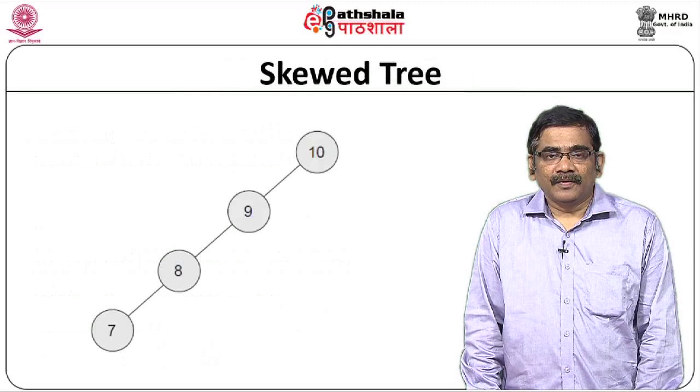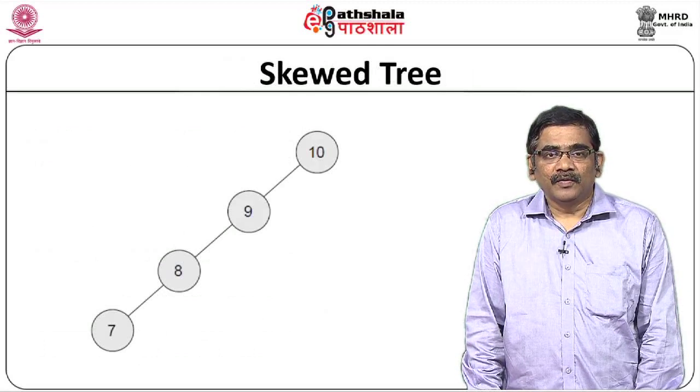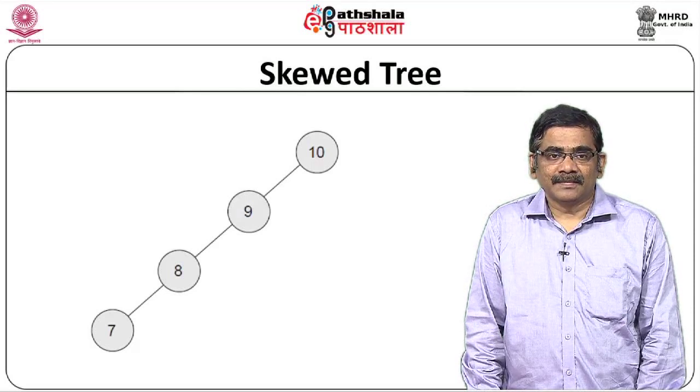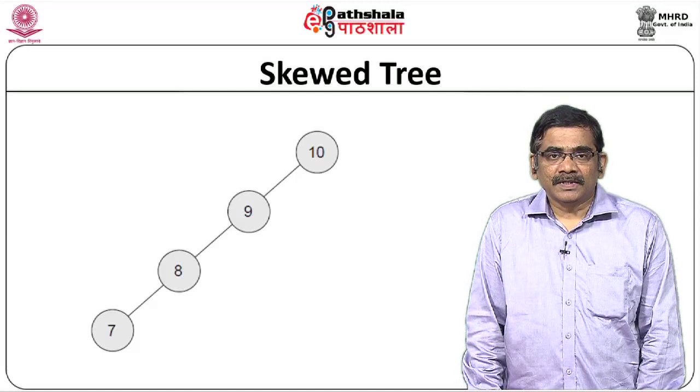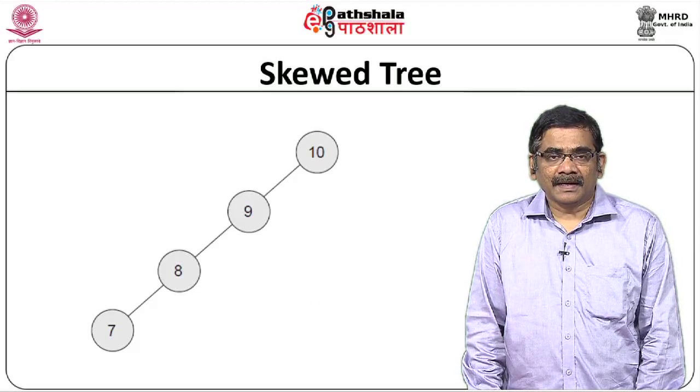More often, when we try to develop a binary tree, we may end up with a binary tree something like this. For example, I have taken 4 keys, 10, 9, 8 and 7, and I am trying to construct a binary tree.